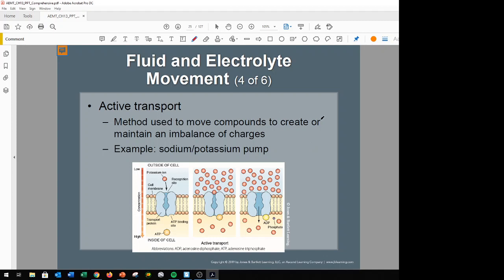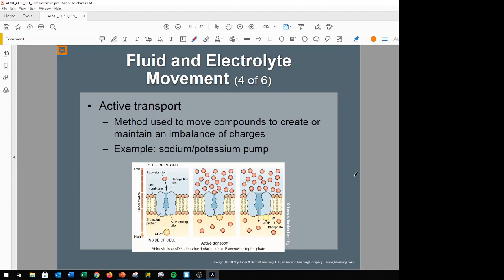Active transport is a lot different because when we're talking about active transport, we generally think of the sodium-potassium pump. And you'll notice that sodium is a cation, and so is potassium. They're both cations, and they're both pretty happy where they're at. So we have to change it up in order to get those two cations to do what we want them to do. And that's where active transport comes in.